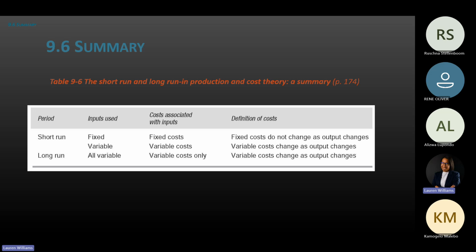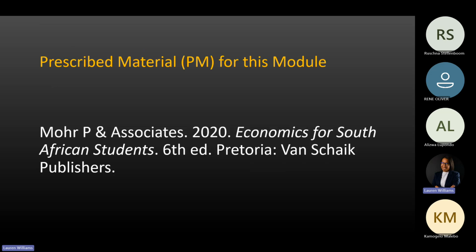That's usually some form of a fixed element. Or if you're looking at it in terms of costing, it can be that your rent is your fixed element. And then in the long run, everything varies, meaning your rent can vary. You can increase the size of the business. They can increase the cost of renting. Anything can vary in the long run versus the short run. Okay. So that's just a quick synopsis.